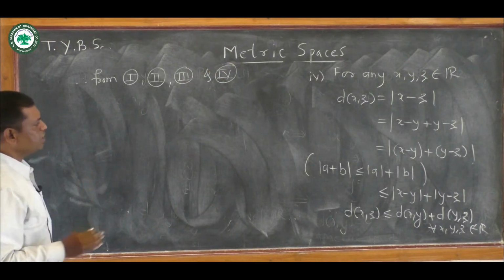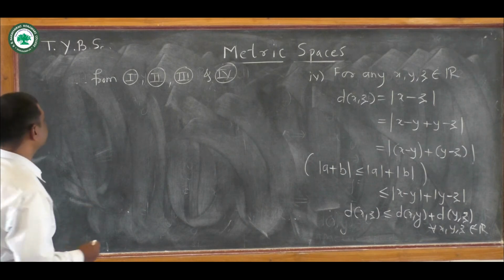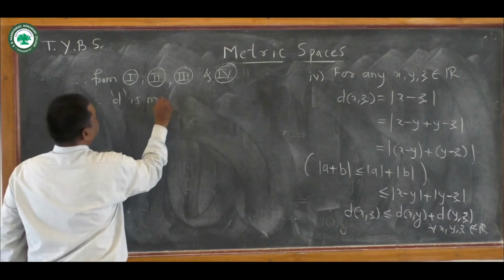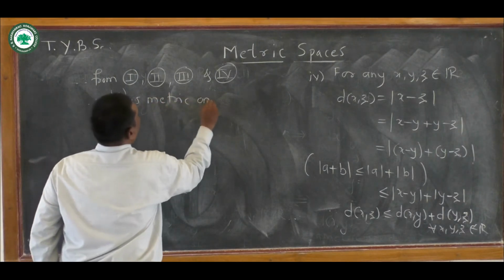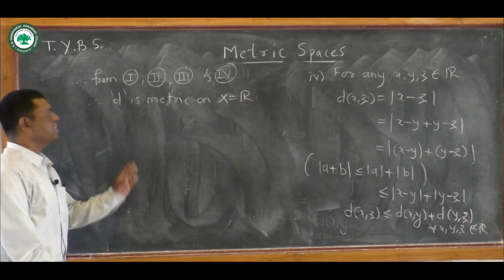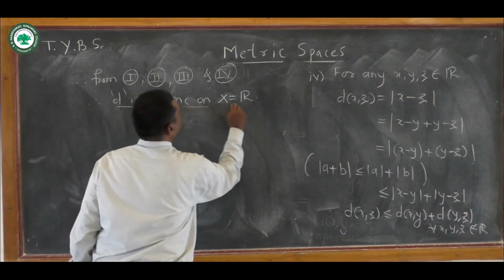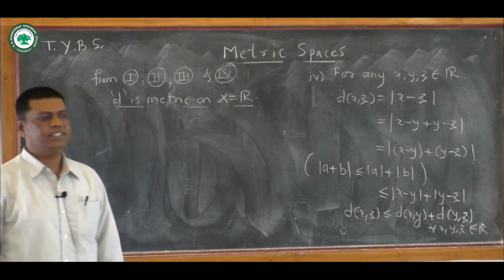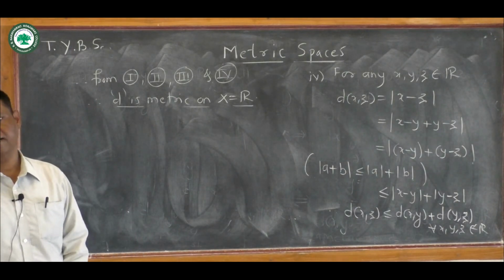Now D satisfies all these properties. So therefore, yes, D is a metric on R. That is, |x − y| is the metric function on R.